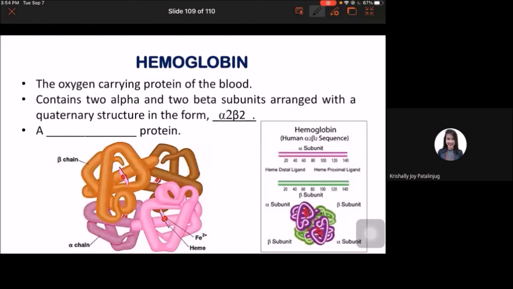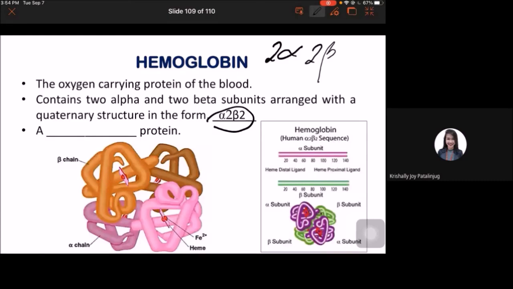This actually has the subunits of 2 alpha and 2 beta. I repeat, 2 alpha, 2 beta subunits. Yan yung meron si hemoglobin. Mag-discuss tayo niyan sa next meeting. Okay?